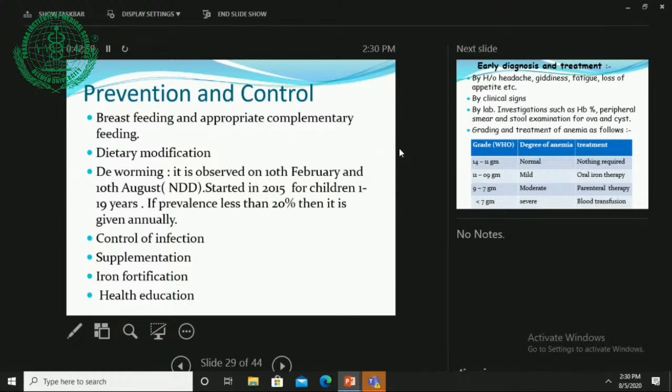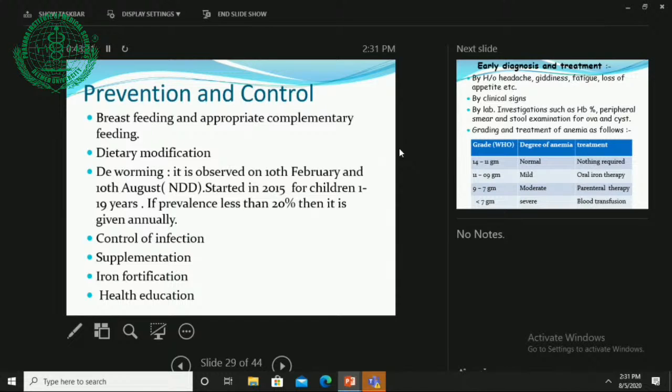Then deworming. Deworming is done to prevent anemia because of worm infestations, especially because of hookworm infestation. So every year in our country they observe National Deworming Day on 10th February and on 10th of August.